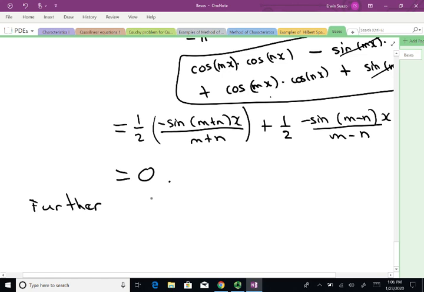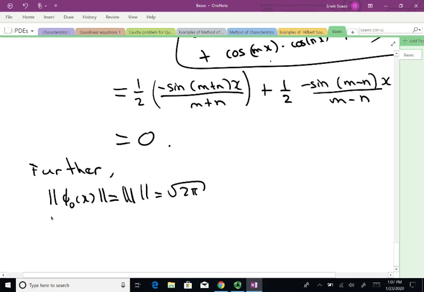If you do the norm of phi 0 of x, which is the norm of 1, this is the square root of 2 pi.